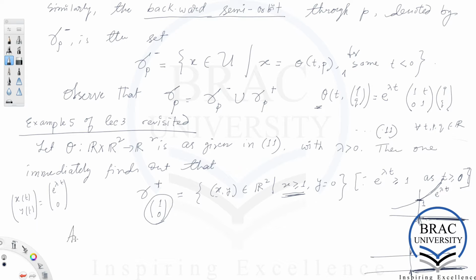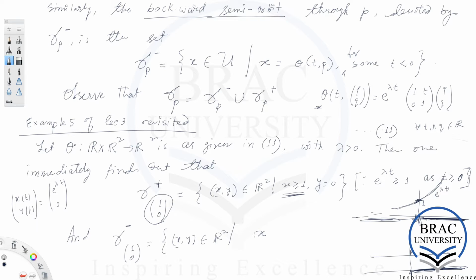And see that the backward semi-orbit for the vector 1, 0 is given by all those vectors in R2 such that the x component lies between 0 and 1, because we are just taking all the negative t's now, and for which e to the power lambda t can be anything between 0 and 1.